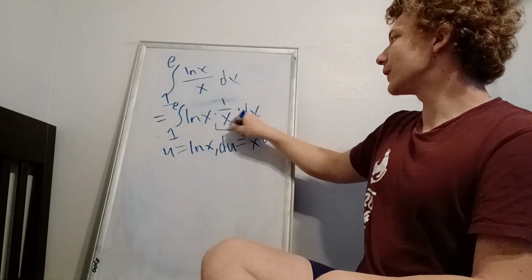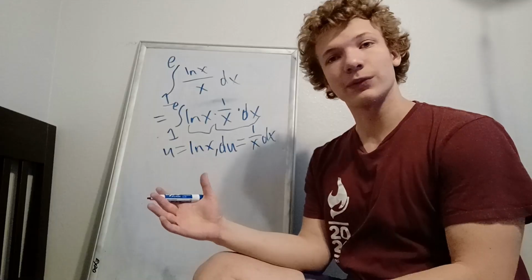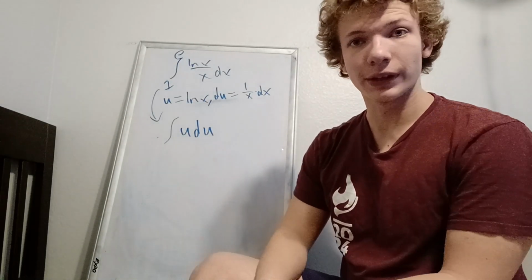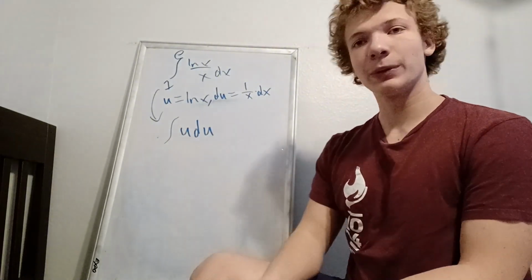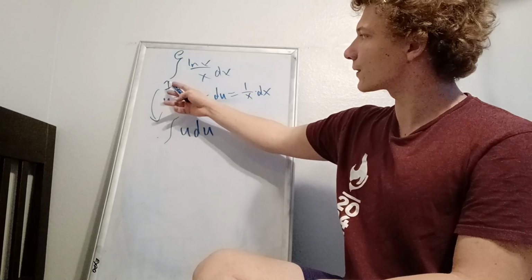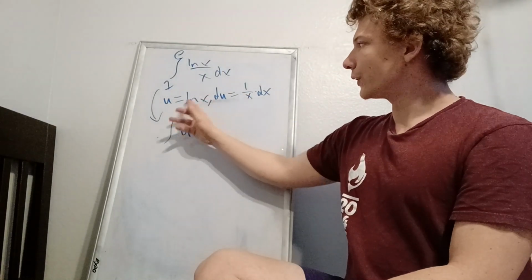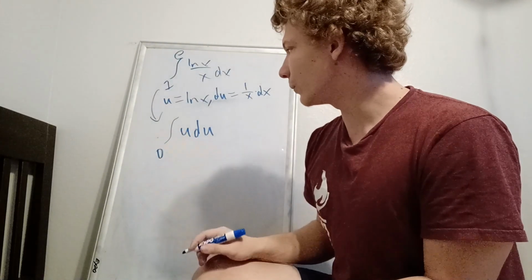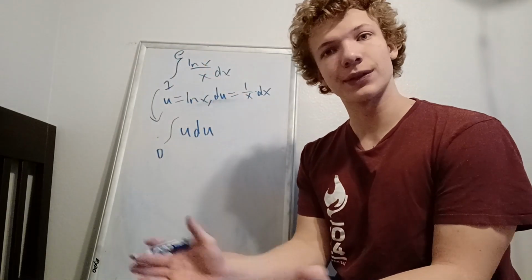Now we have our du, and we have our u, and now we can just reparameterize and solve the new integral. So doing all those steps, we'll get the integral of u du, and our new parameters will be, instead of x is 1 to x is e, when x is 1, u will be the natural log of 1, which is 0. So we'll be going from u equals 0 to, when x is e, the natural log of e is of course 1.